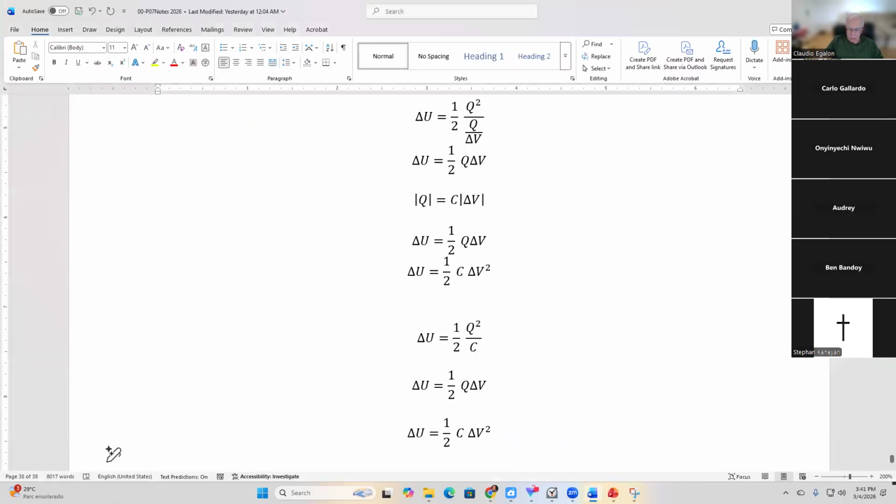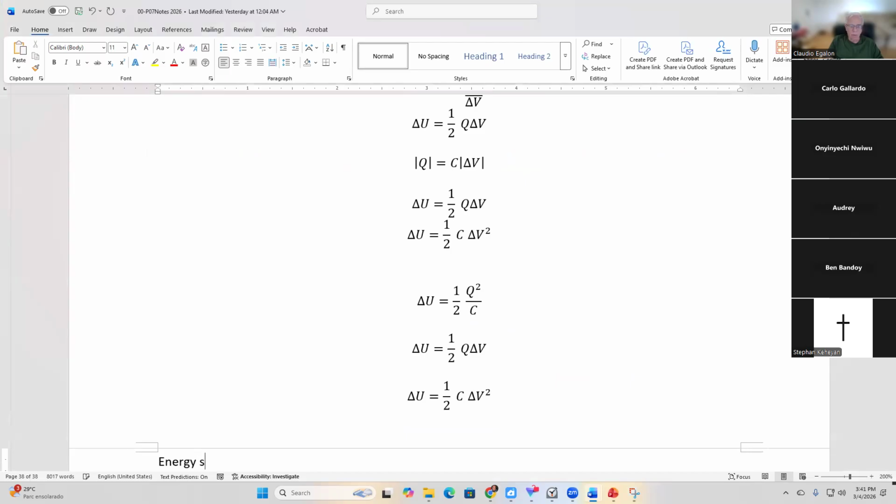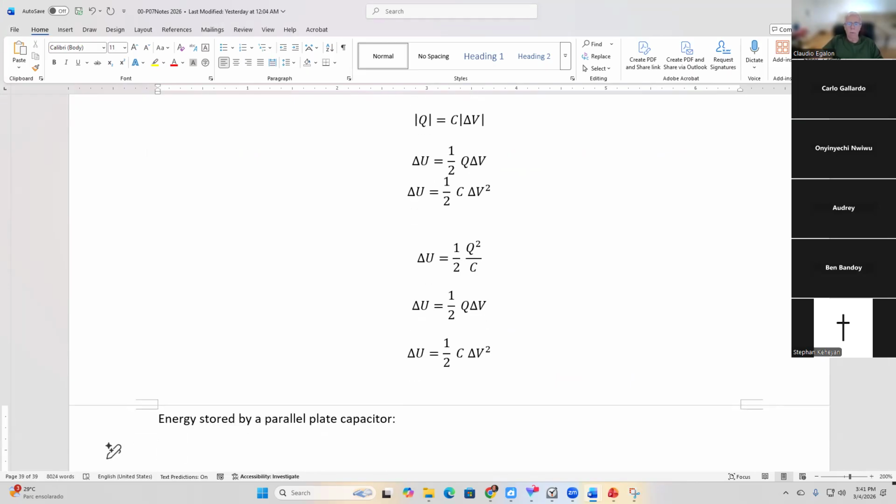Energy stored by a parallel plate capacitor. Let's see which one I'm going to use. Let's use this one.